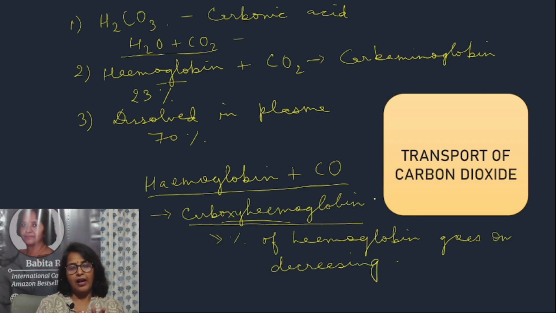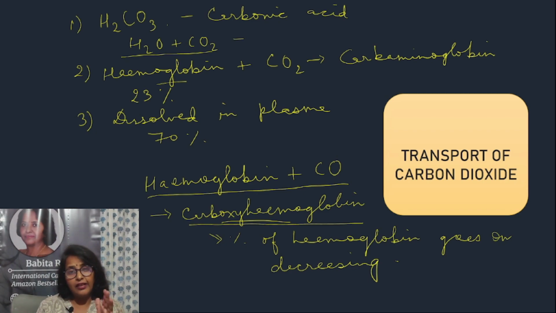Another thing is that if hemoglobin is present, oxygen is present, carbon dioxide is present, and carbon monoxide is present, carbon monoxide has more affinity with hemoglobin, so it will combine with hemoglobin, and oxygen and carbon dioxide will not be able to combine.